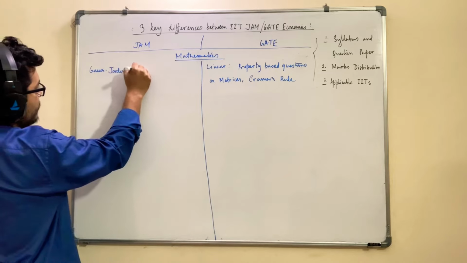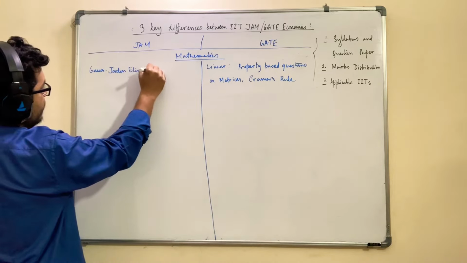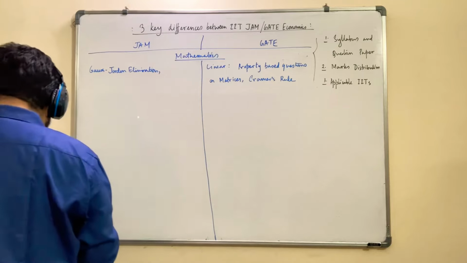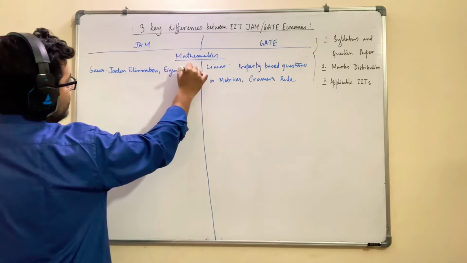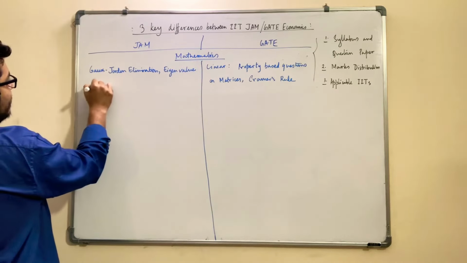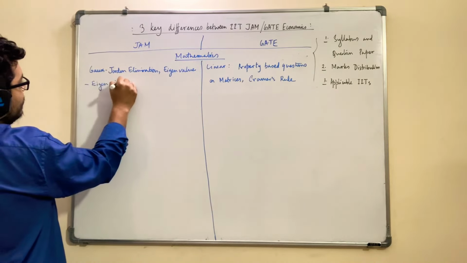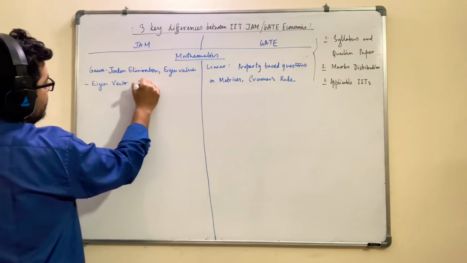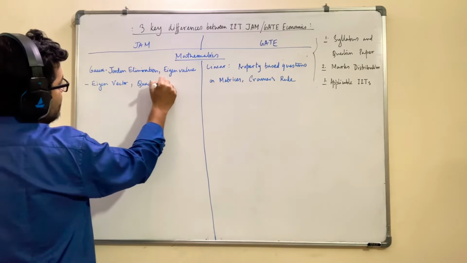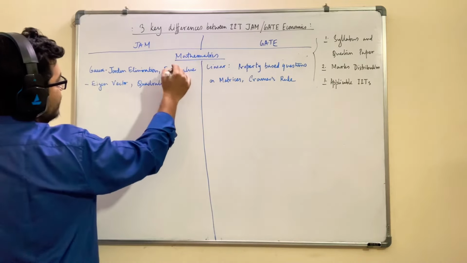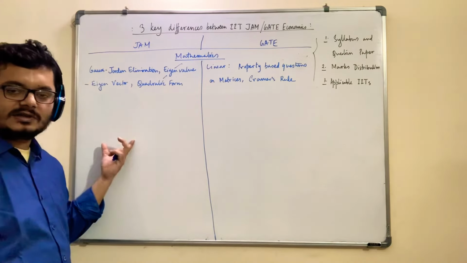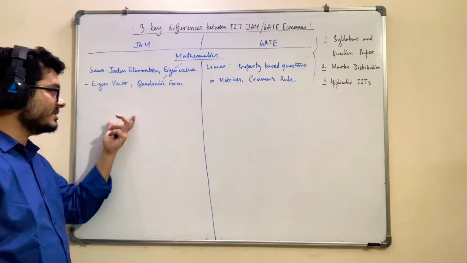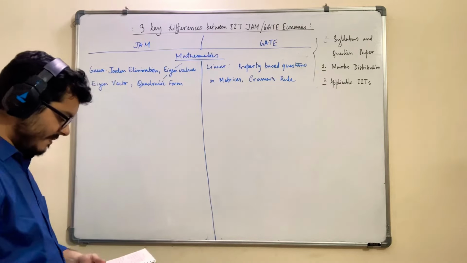Or by which we form the row reduced echelon form. So that much is there. The eigenvalue eigenvector problems are also there, leading to the quadratic forms. Also there is a connection between eigenvalue, quadratic form and optimization. So that is also a part of JAM. So this is like serious linear algebra.